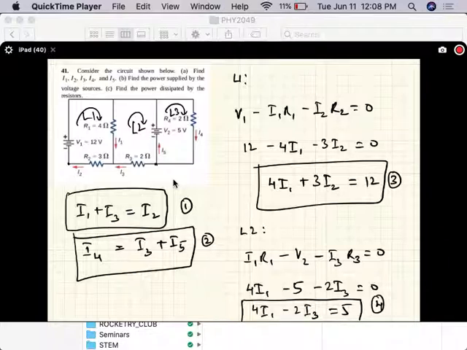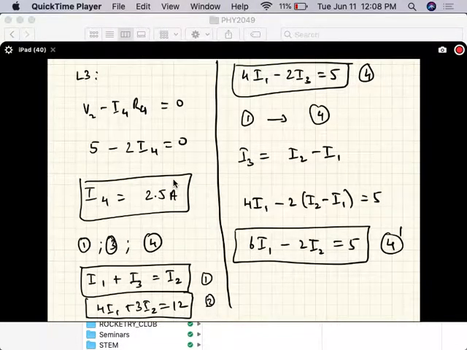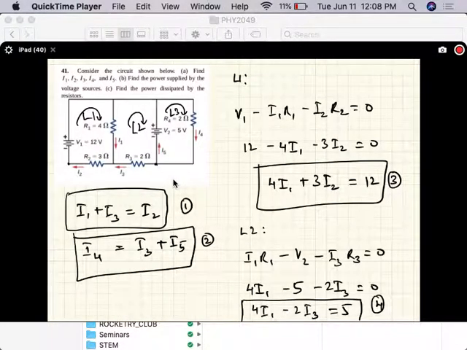Still part B and C. They're easy though. It's just power. Okay, so find the power supplied by the voltage sources.